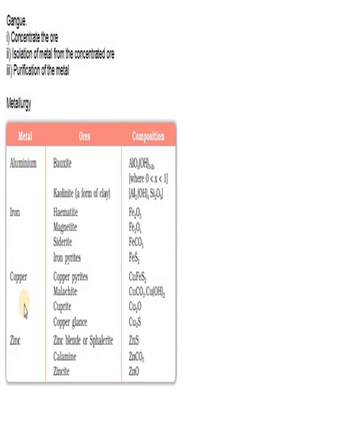Copper ores are copper pyrites, malachite, cuprite, copper glance. And zinc ores are zinc blende or sphalerite, then calamine and zincite. These are mainly sulfides, oxides, carbonates or hydroxides of these different metals.